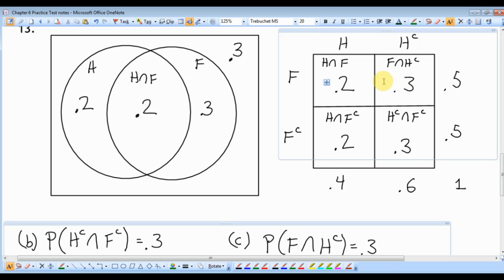You could also ask questions like, what's the probability that she gets into Florida if we know that Harvard rejected her? It's 0.5. It's Florida and Harvard complement divided by Harvard complement. But because they're independent, it's definitely 0.5.